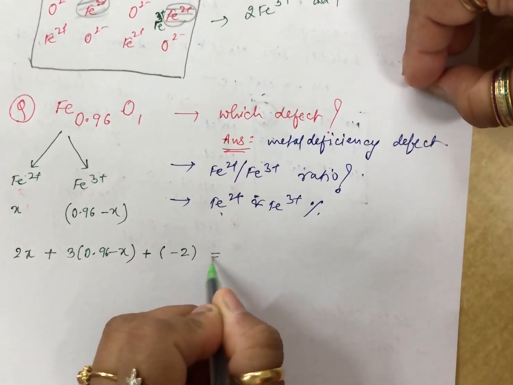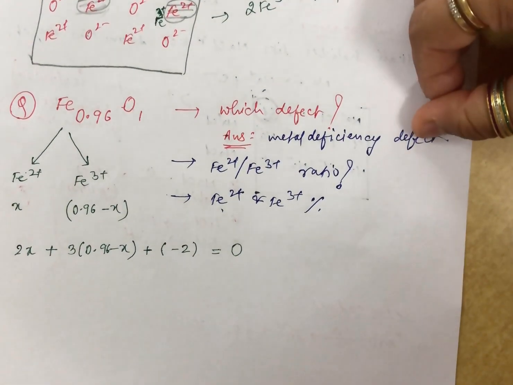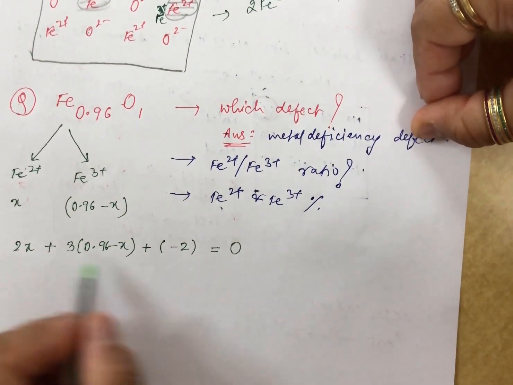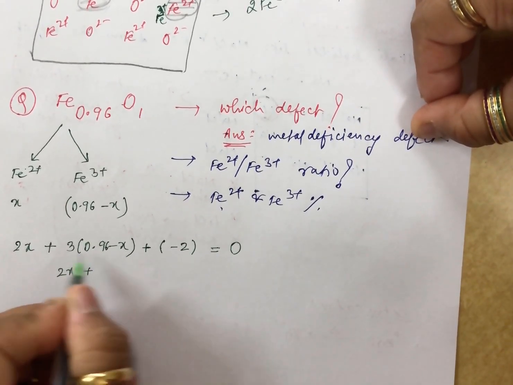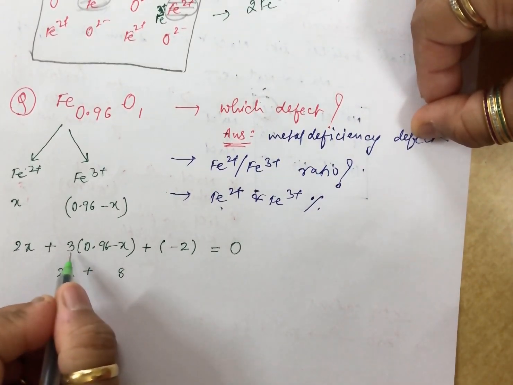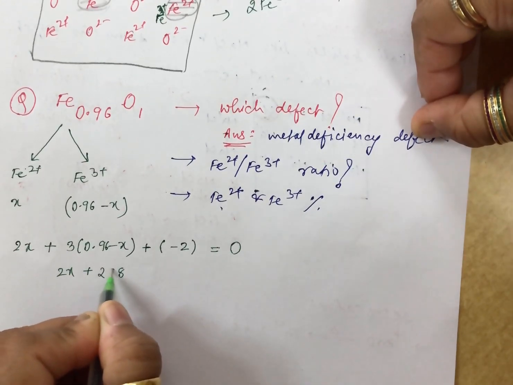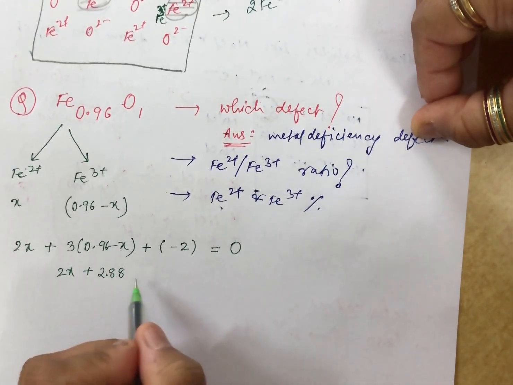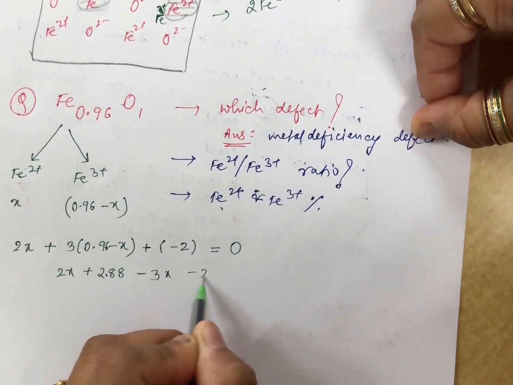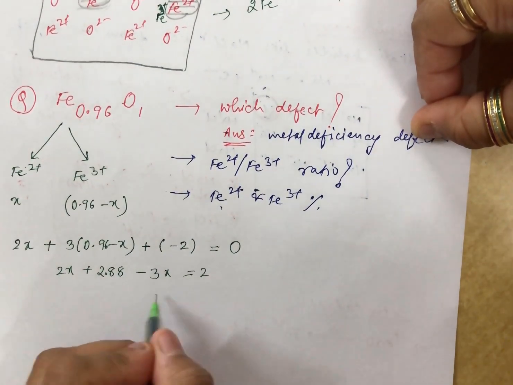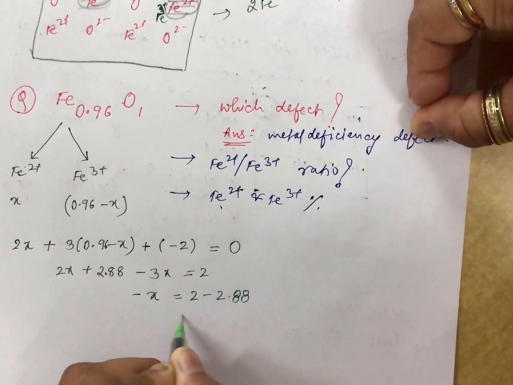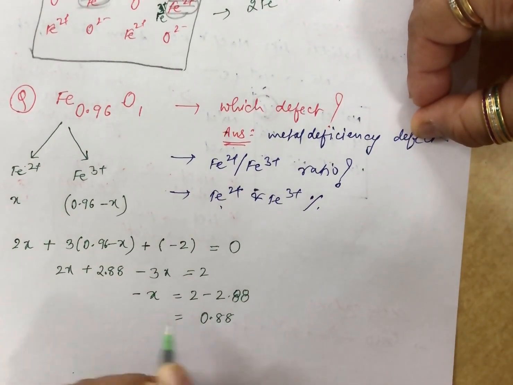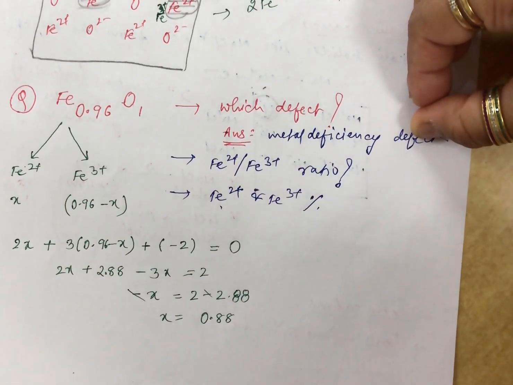As it is neutral, I am writing it as 0. If I solve this, students, you will have 2X plus 3 times 0.96, which is 2.88, minus 3X, minus 2, equal to 0. This gives minus X equal to 2 minus 2.88. So finally you have 0.88 as X.